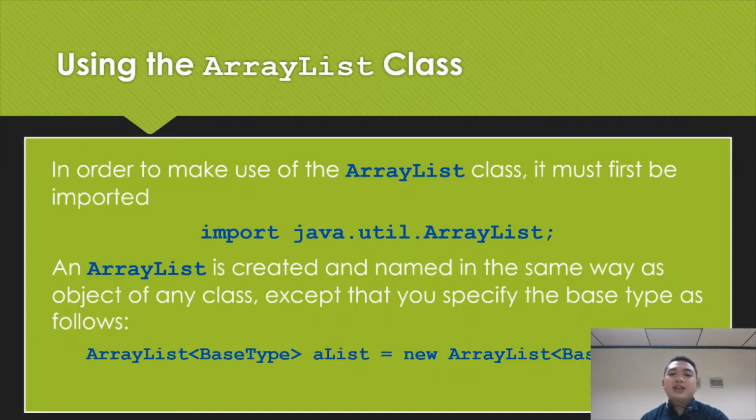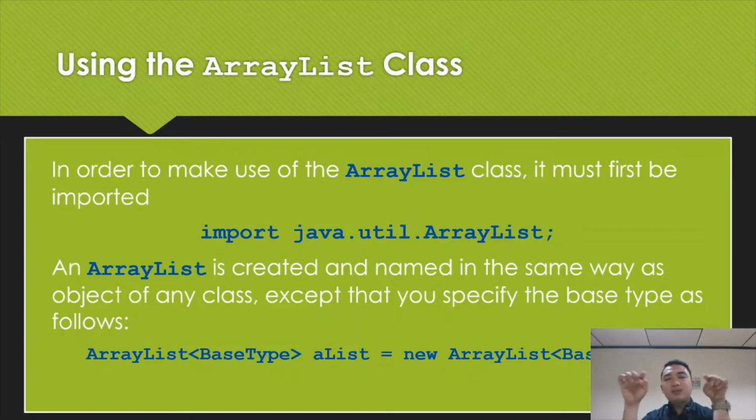An ArrayList is created and named in the same way as any object of any class. Since ArrayList is still a class, an abstract data type class, creating an ArrayList is the same as creating a new object of a class, which we discussed in our previous lesson on creating your own class and instantiating new objects from a class. This is how you write ArrayList.